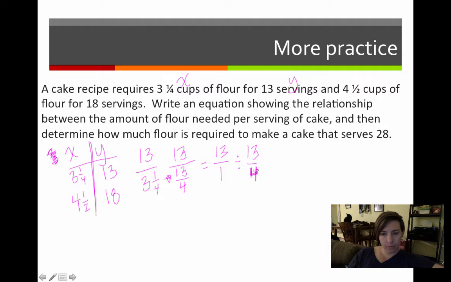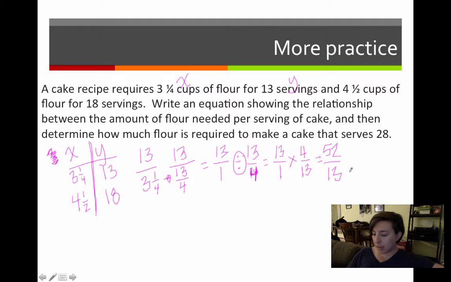To divide fractions, we switch the sign and flip the fraction. 13 over 1 times 4 over 13. 13 times 4 is 52. 13 times 1 is 13.